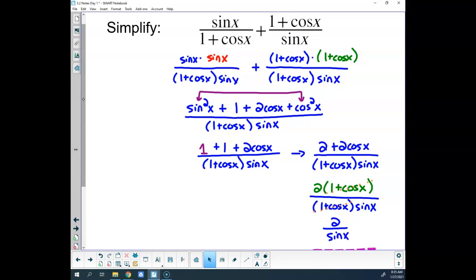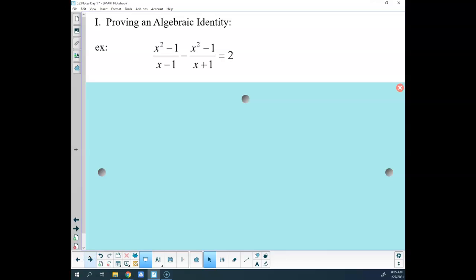Okay? If you have your pink homework packets, the note sheet for the rest of the day today is in there. Okay? It should start with something called like proving an algebraic identity at the top. Next one.